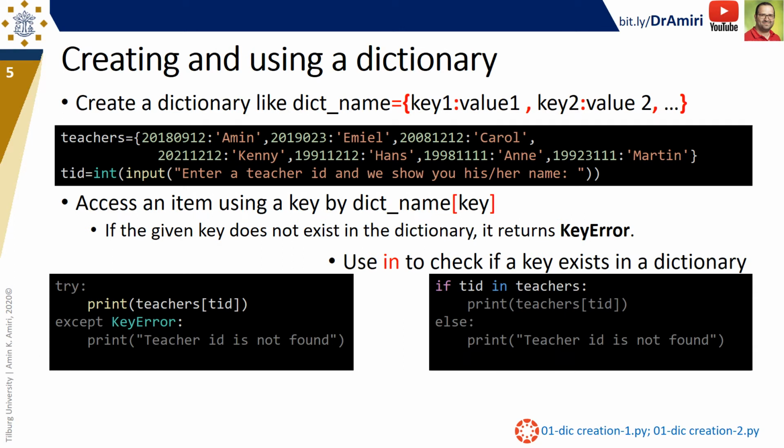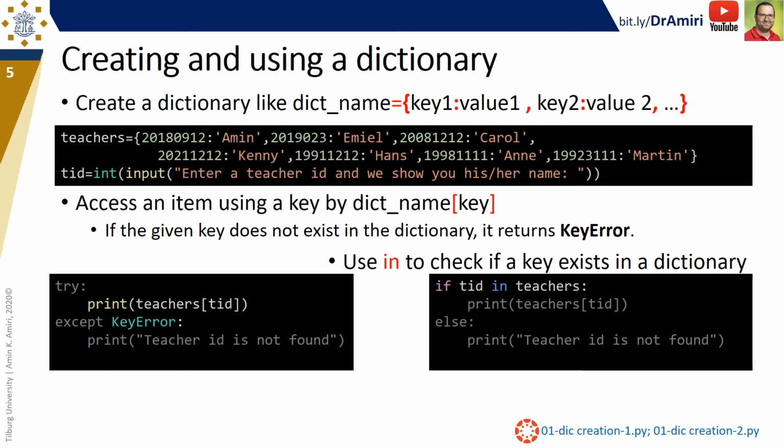You can also use the in operator to check if a key exists in a dictionary. As you can see here, I checked if TID provided by the user exists in teachers by saying if TID in teachers, and if that's not the case, in the else part, I wrote down print teacher ID is not found.